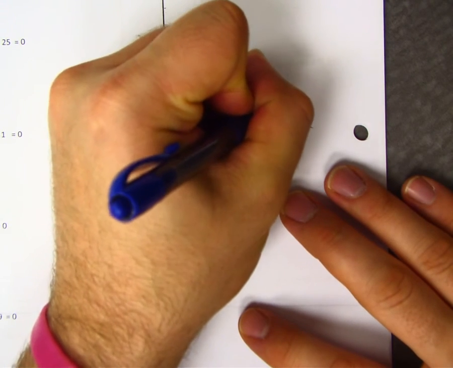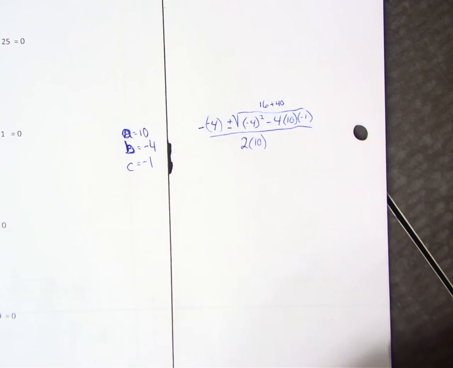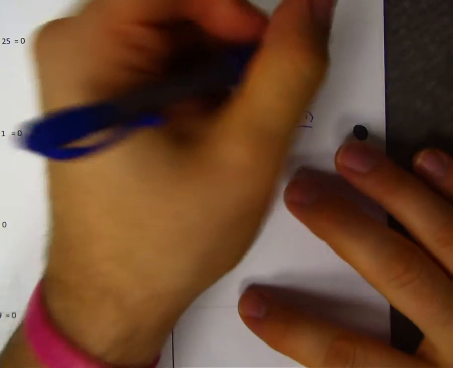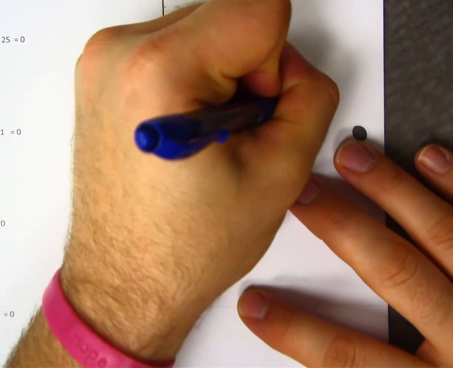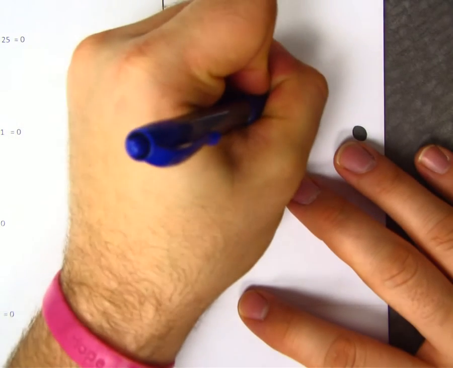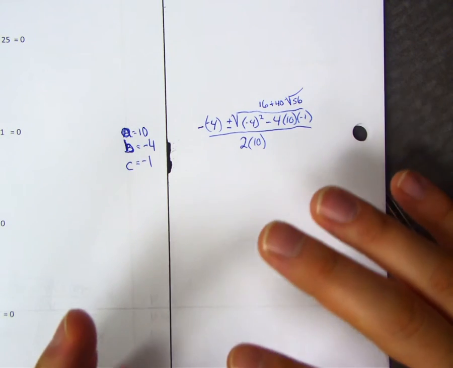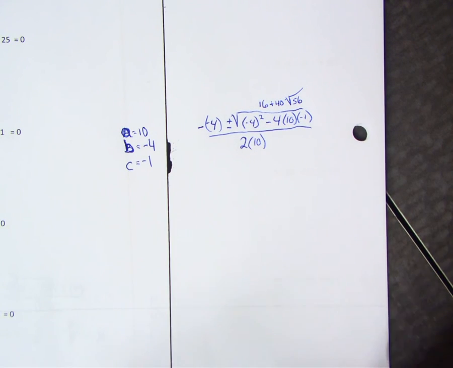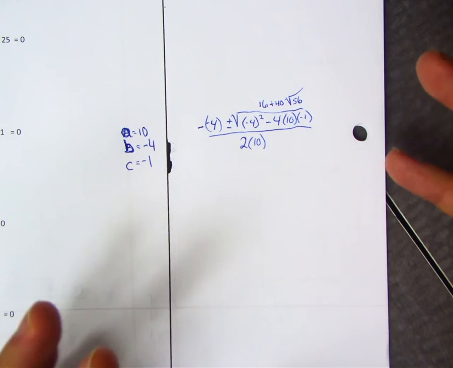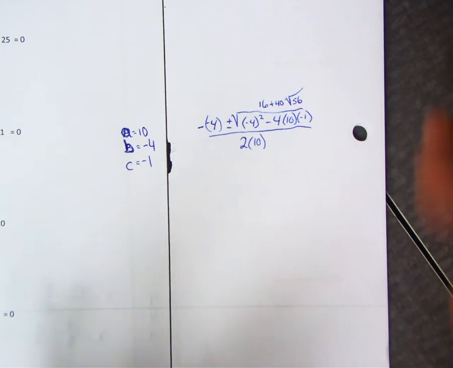So 16 plus 40 is 56. The square root of 56 is not a perfect square. 49, 7 times 7, 64, 8 times 8, but 56 is not. So we're going to leave it as the square root of 56.